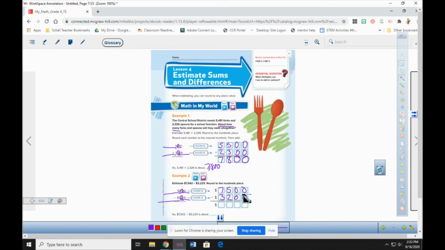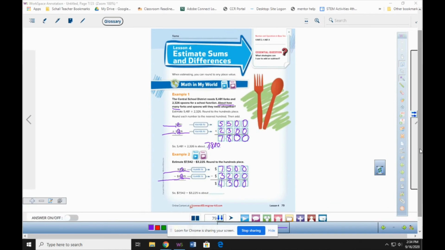And then we can subtract. 0 minus 0 is 0. 0 minus 0 is 0. 5 minus 2 is 3. 7 minus 3 is 4. So the answer to this is about $4,300.